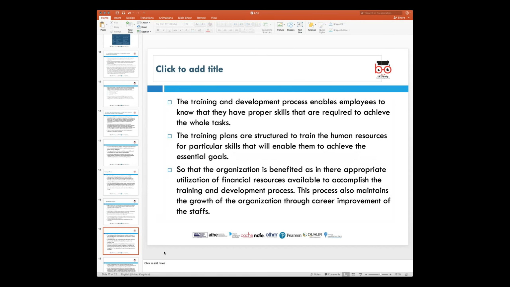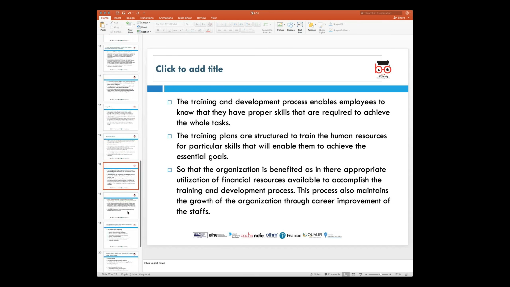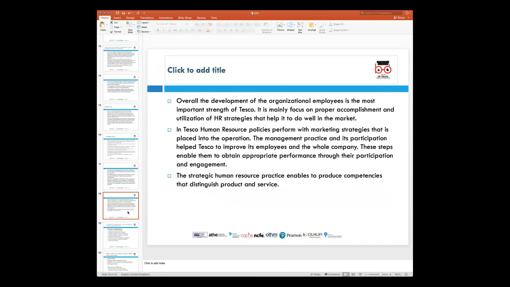So training plans are put in place, and when they are put in place, they are followed through by the different line managers, and there are appropriate financial resources put in place so that this process of training and development, which typically in an organization like Tesco happens throughout the year, can go on seamlessly without any hurdles.